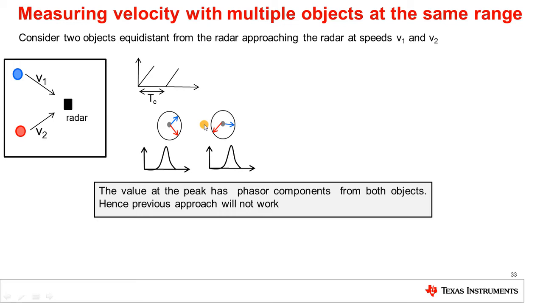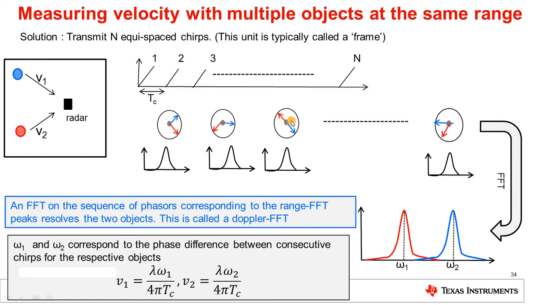One solution is to transmit a series of equispaced chirps instead of just two chirps. And so here you have n equispaced chirps. Building on our earlier discussion, the range FFTs corresponding to each of these chirps would have peaks at identical locations, but the discrete sequence corresponding to the phasors of these peaks would have two rotating phasors rotating at frequencies of, say, omega 1 and omega 2, corresponding to the two velocities v1 and v2.